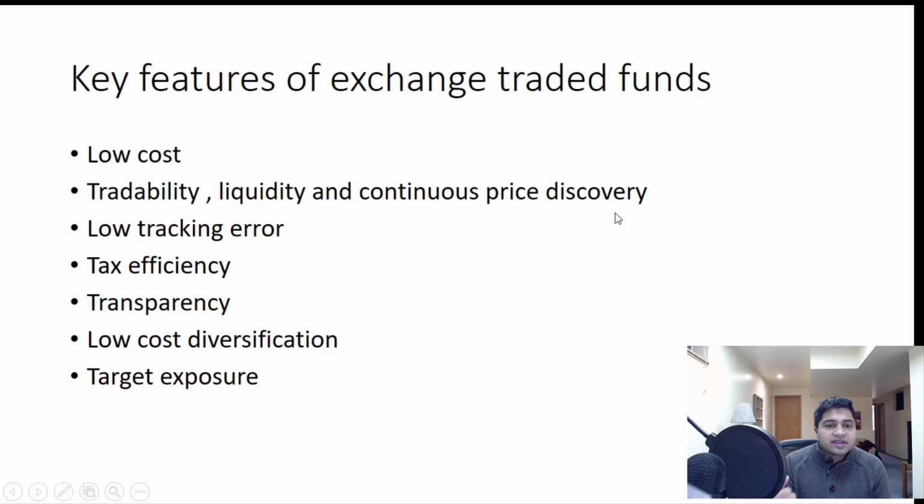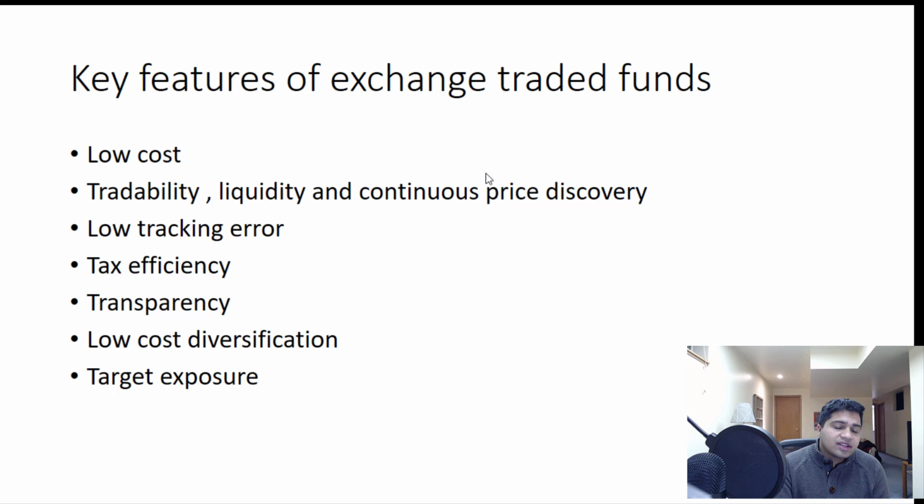Also, there is continuous price discovery, and this is important for illiquid assets. Continuous price discovery means that even though the ETF is based on some international stock and the international market is closed, the price of the ETF will continuously reflect the news and they will match up when the market opens there. So that's the benefit.